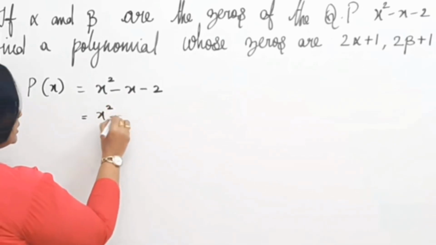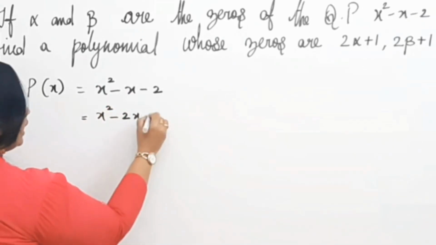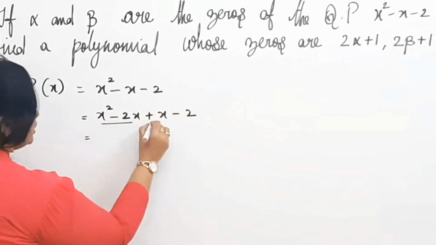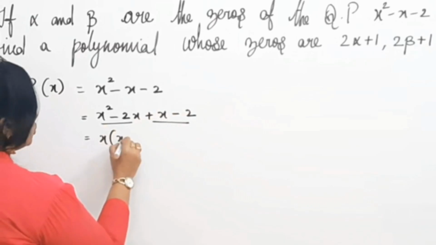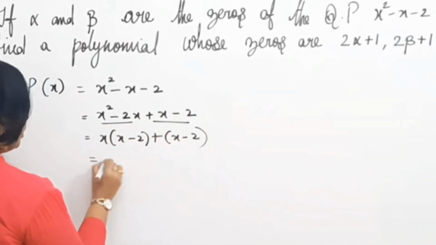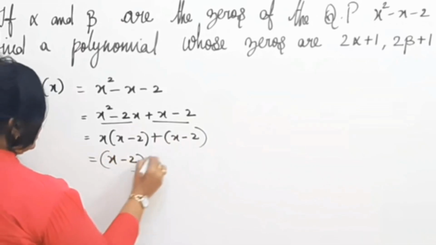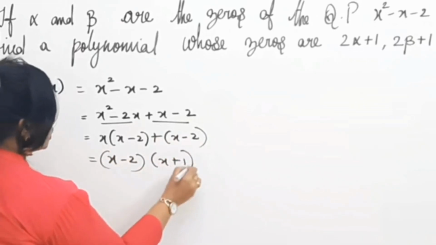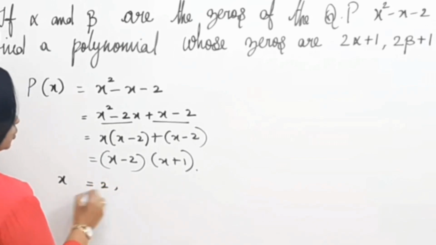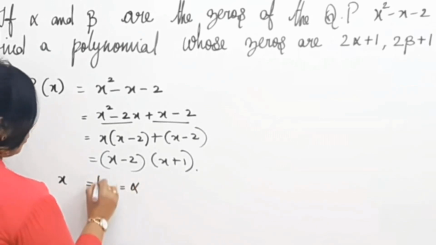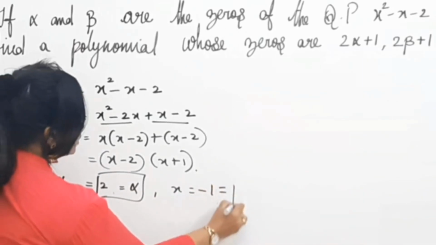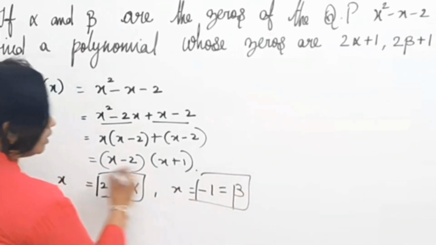So, splitting the middle term, minus 2x plus x minus 2. So, grouping the terms, x into x minus 2 plus 1 into x minus 2. So, my factors are x minus 2 into x plus 1. So, x is equal to 2, which is nothing but my alpha, and x is equal to minus 1, which is nothing but my beta.